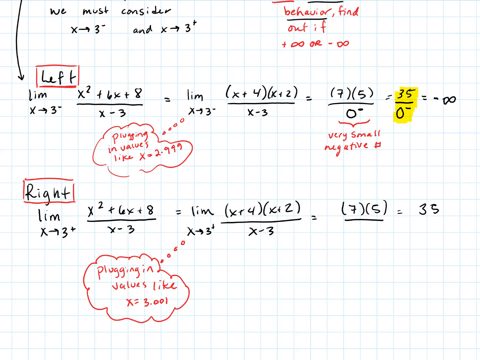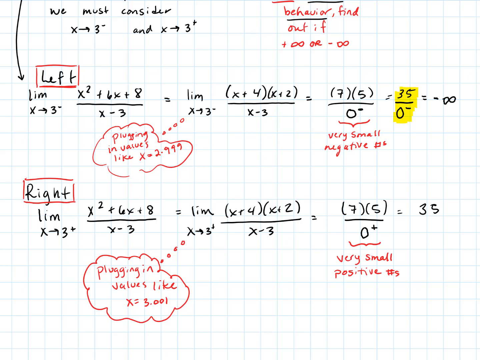And in the denominator, we are approaching 0, but this time from the right, with positive values that get very, very small. Notice what that notation means: very small, but coming from the right side of 3, these are very small positive numbers.